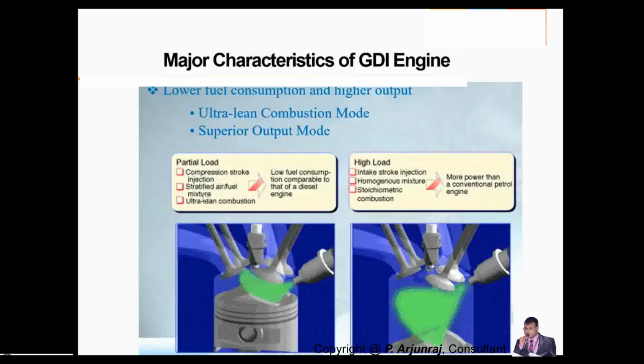When I say stratified, it's basically the correct amount of air and fuel mixture to increase the output of the engine. You are also going to have the ultra lean combustion where you have more air in the system for the fuel to get completely burned, and this will result in lower fuel consumption.